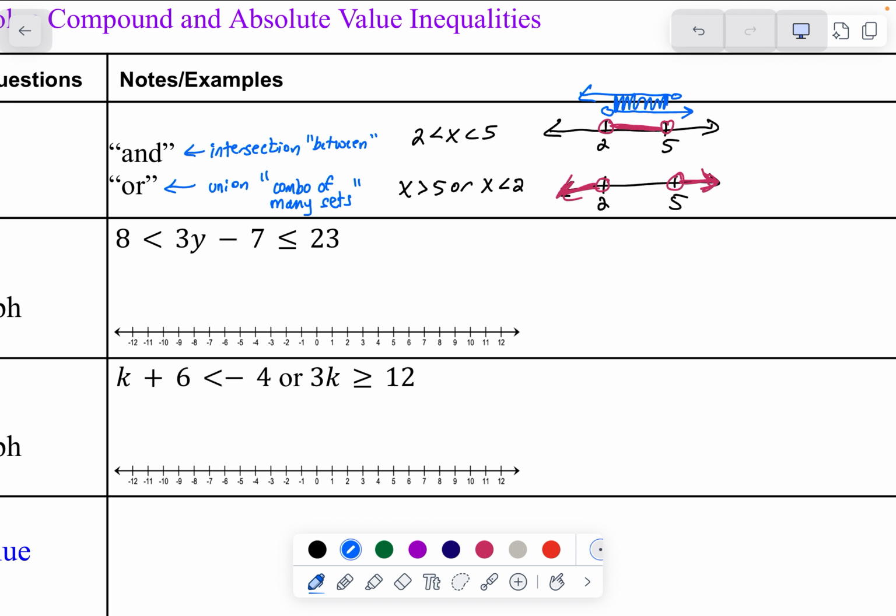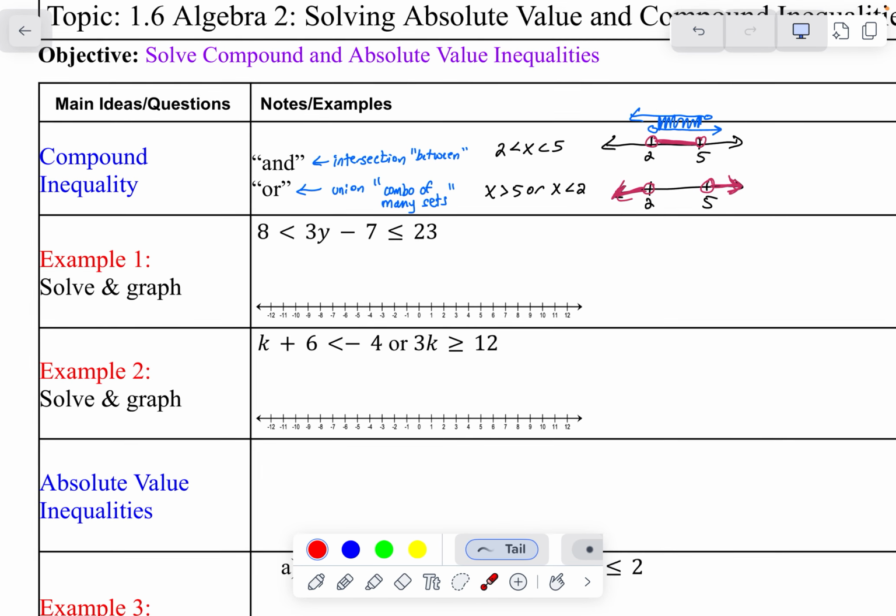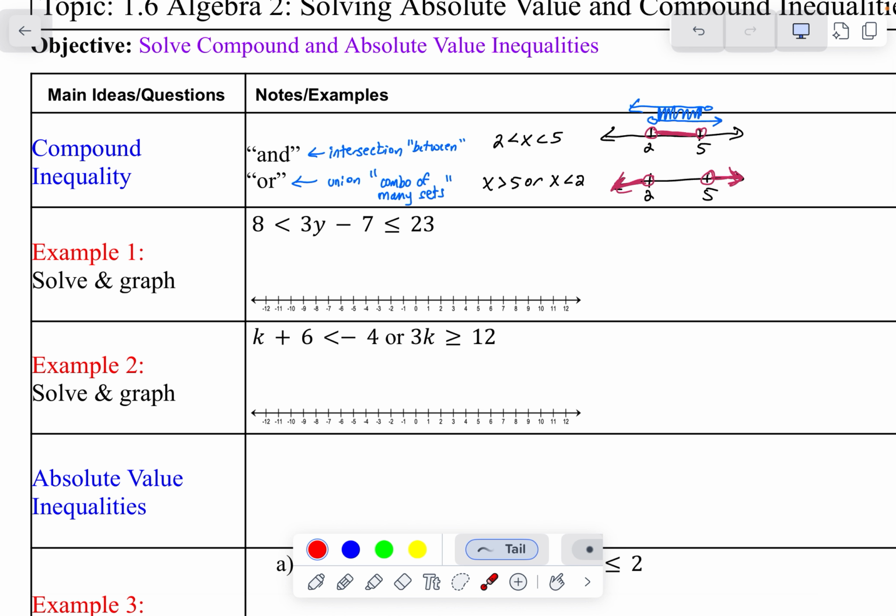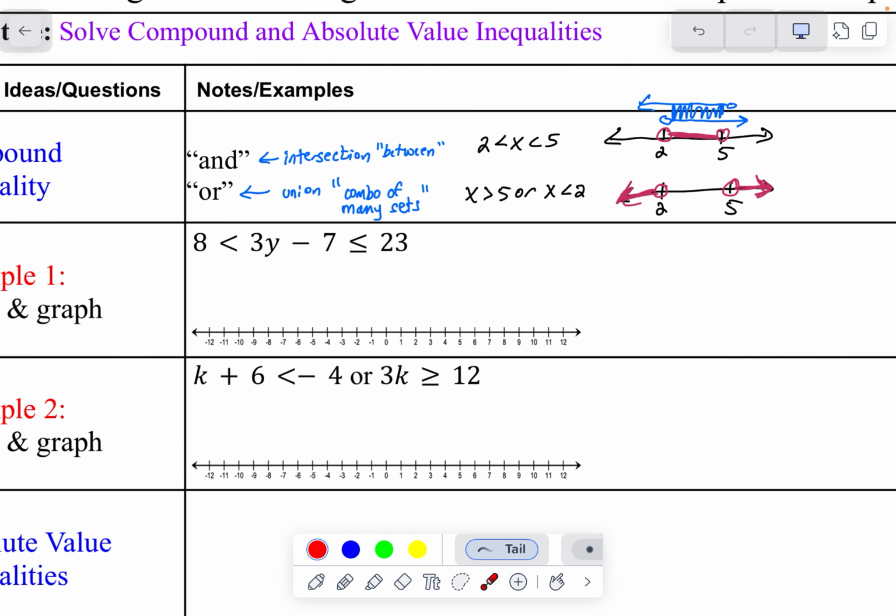With the luxury of this notation, we don't have to look at the intersection. It will do the intersection just on its own, but that's why it happens the way that it does. So in example 1, we're going to do a compound inequality that is a between, an and, and in example 2, we'll do an or. Okay. Any questions so far about our notation and how that works?